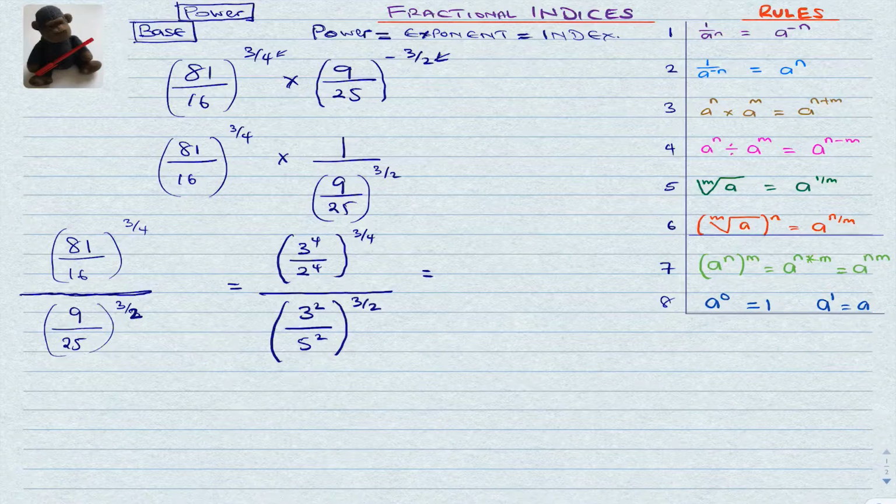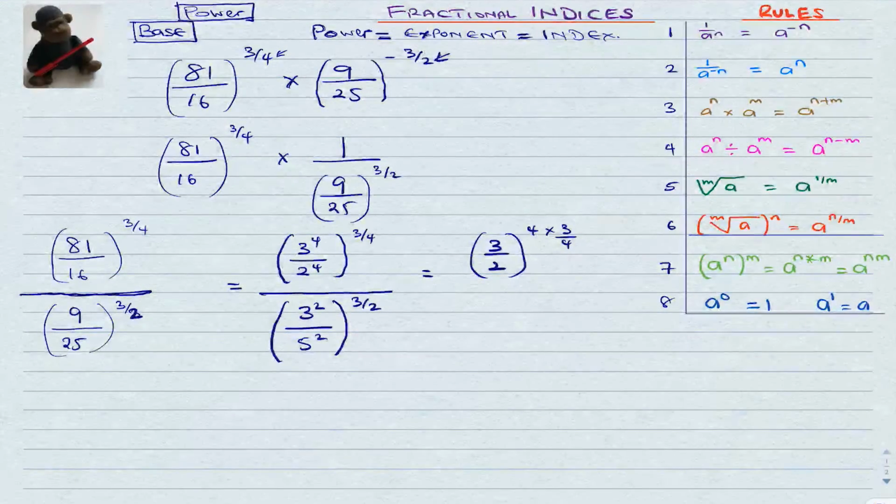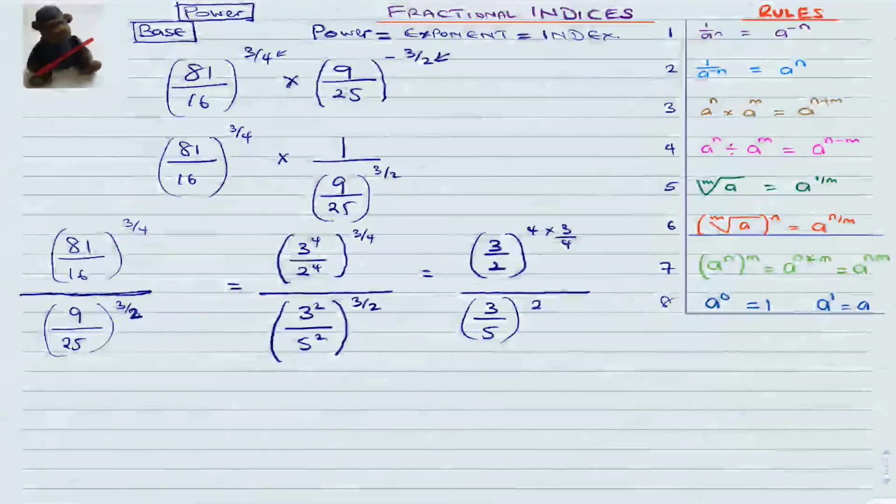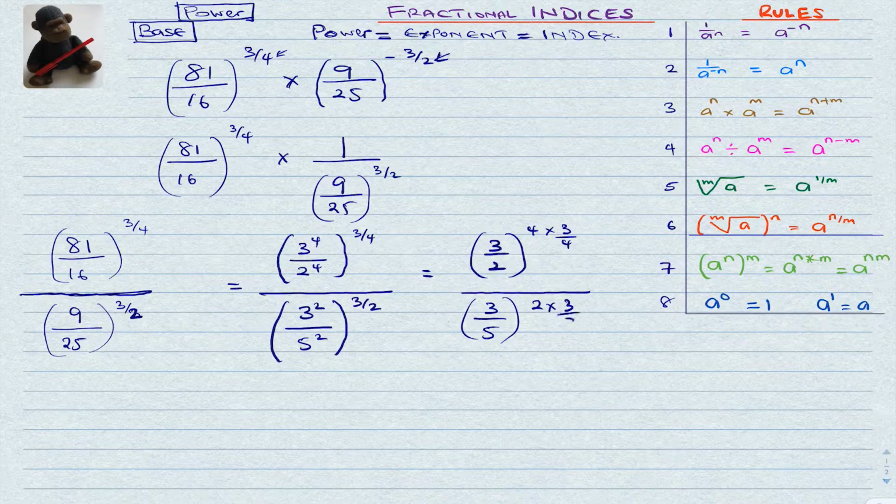Now we need to take the power in the brackets out. It's the best way, just take it out, and you're going to get 3/2 to the power 4 times 3/4. And you divide that by 3/5. We need to take the power in the bracket of the denominator, which is 2. We take it out, so that will be 2 times 3/2.